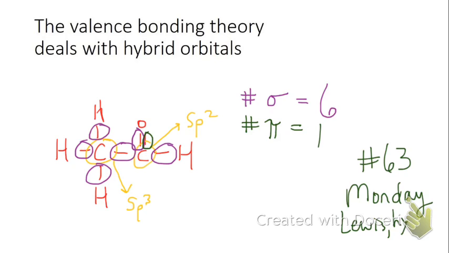I want you to do the hybridization scheme of the central atom, and then I want you to do the number of sigma and pi bonds. So instead of what it actually asks you to do, I don't want you to have to draw the bonding scheme or whatever. I just want you to do the Lewis structure. I want you to label all the bonds, and I want you to tell me what the hybridization is of the central atom.